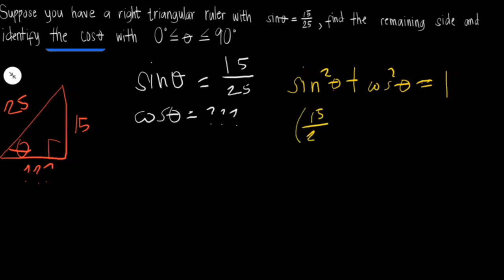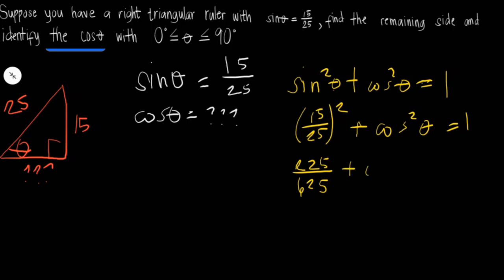Substitute the sine theta, 15 over 25 squared, plus cosine squared theta equals 1. 15 squared is 225 and 25 squared is equal to 625, plus cosine squared theta equals, so 1 will become 625 over 625.